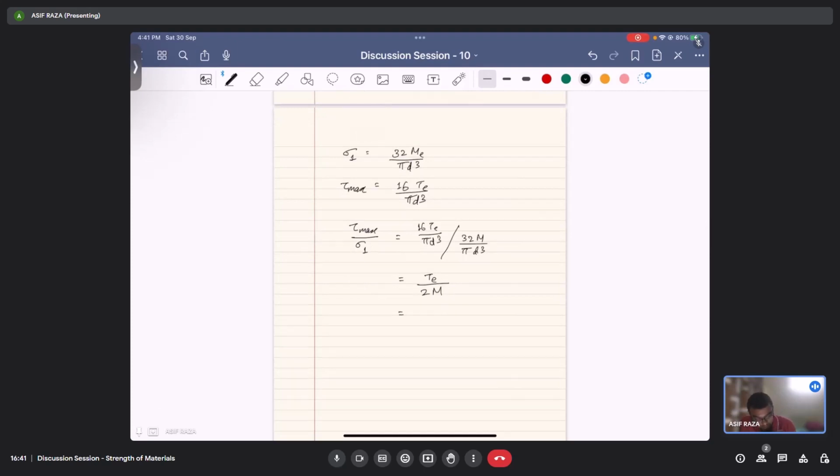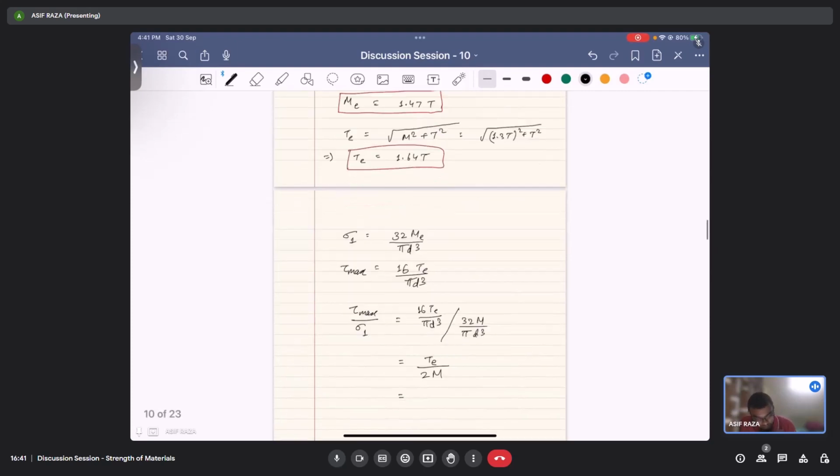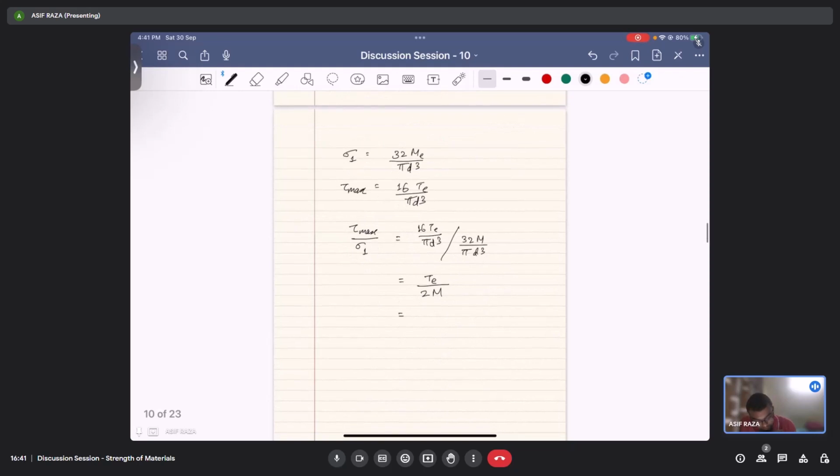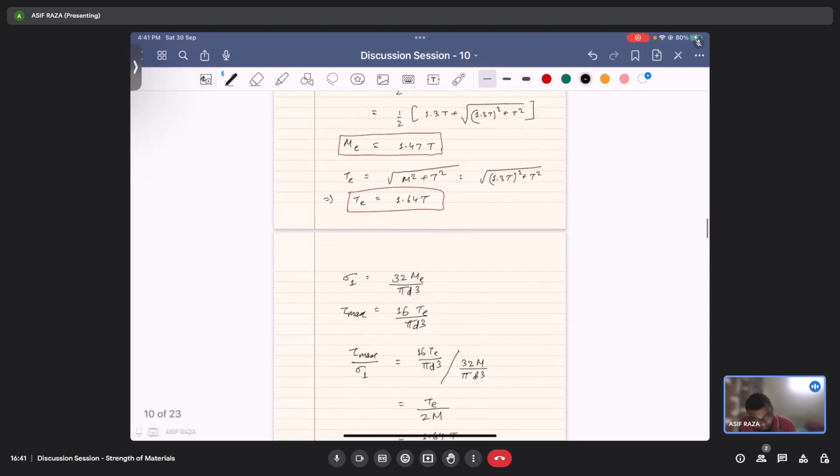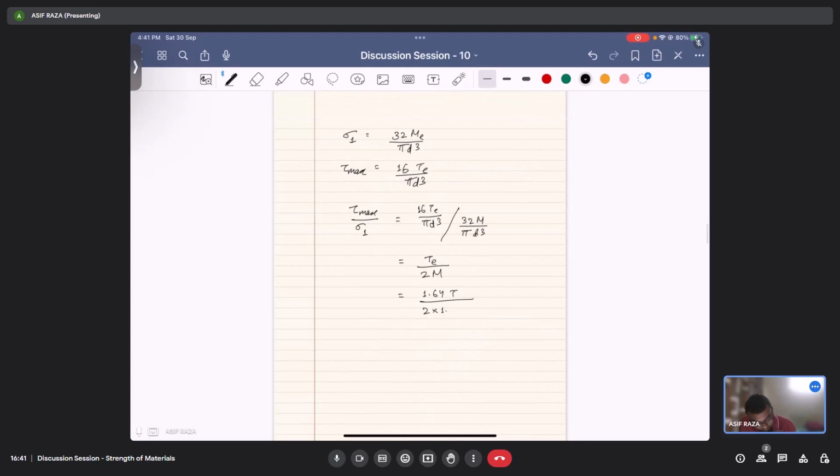Now substitute the values we have. For TE it's 1.64, right? And 2 times the bending moment is 1.47 T. Let's find this.